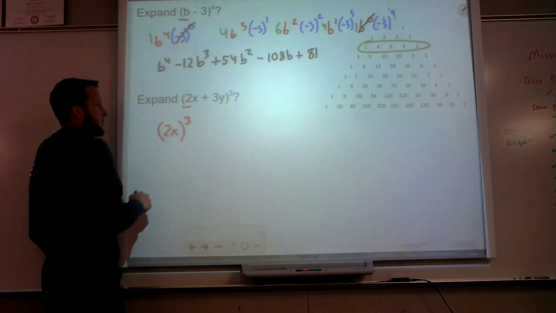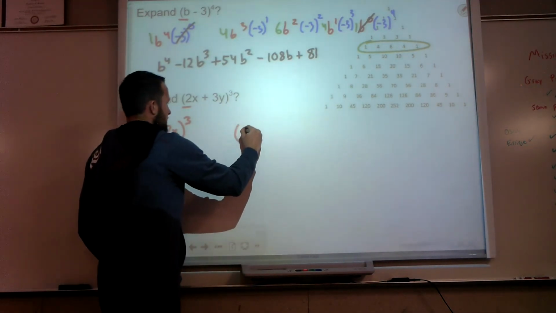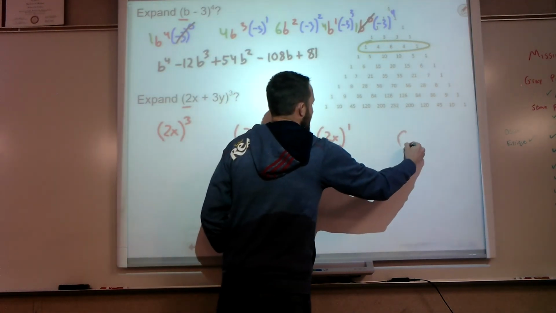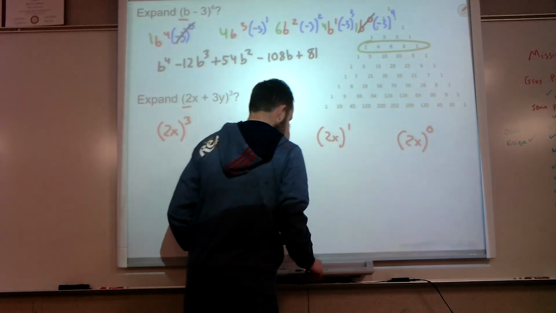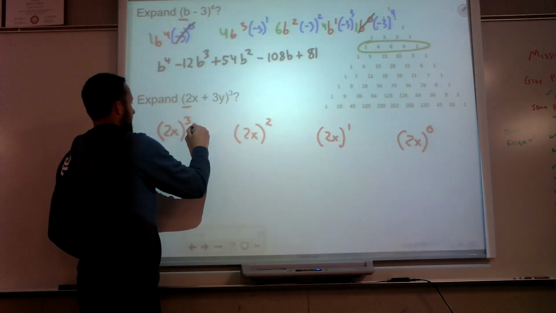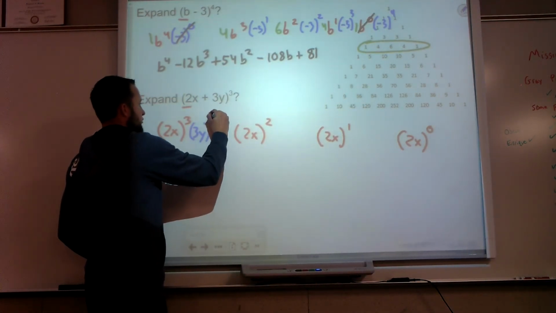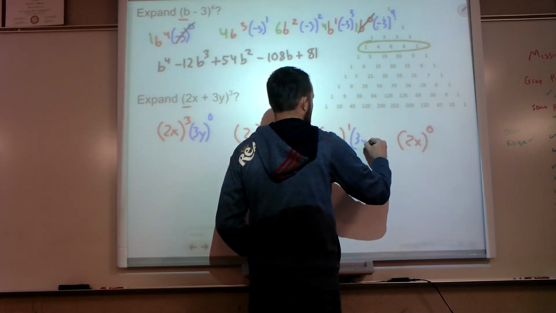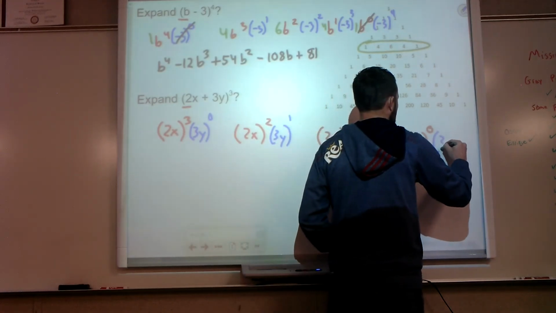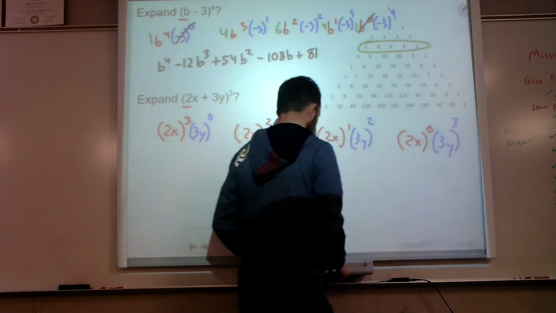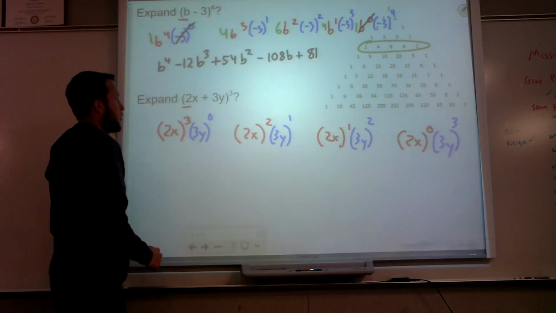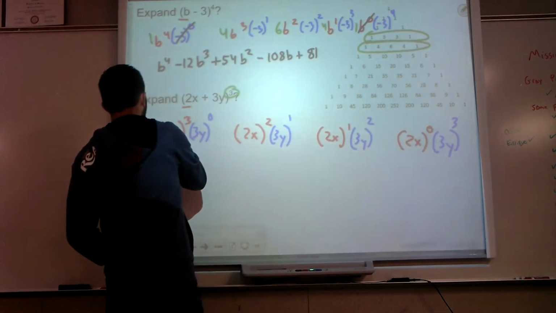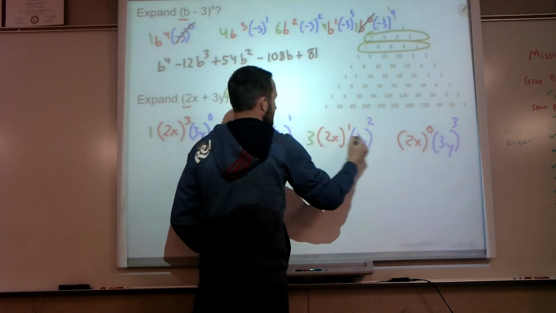So I'm going to take 2x to the 3, to the 2, to the 1, and to the 0. Then let's take 3y, and we're going to raise that to the 0, to the 1, to the 2, to the 3. Then we're going to go to the third row. We're going to add in a 1, a 3, 3, and a 1.